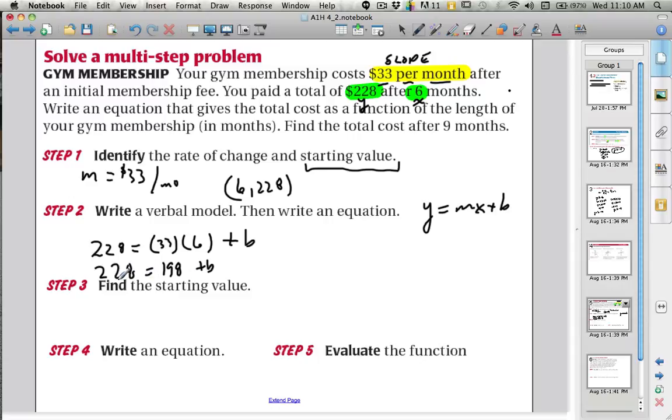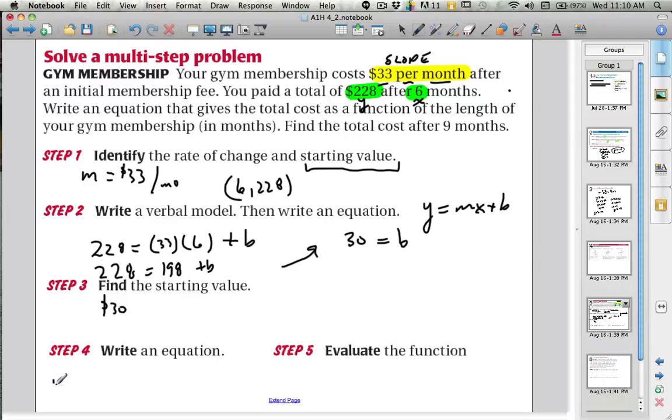And when I subtract 198 from either side, I'll get that b is equal to 30. Okay, find the starting value. Well, that's the starting value, $30.